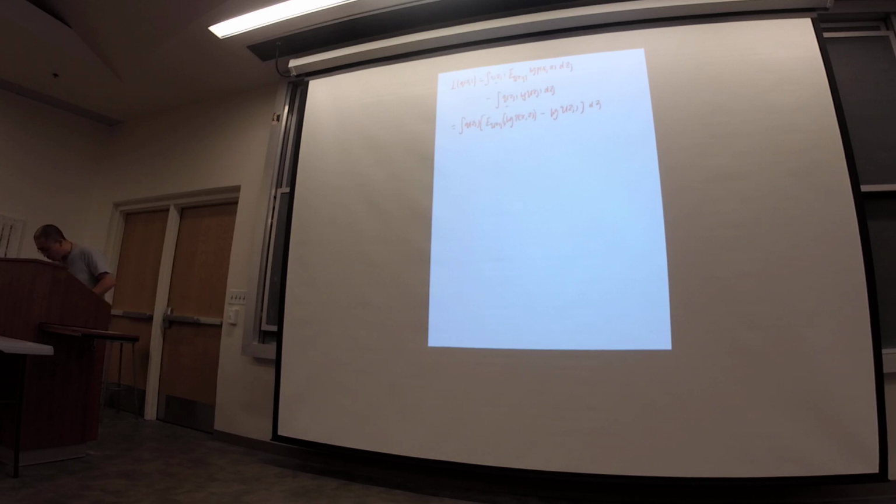This becomes awkward because I put an expectation outside this logarithm, so I cannot use subtraction between logs, right? To overcome this issue, I'm going to take the logarithm outside and then take the exponential inside.